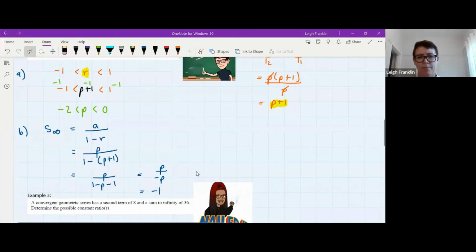Go for it. Ma'am, my teacher told me that in some cases they wouldn't actually give you, for example, when they say to determine for sigma notation. Have you done sigma notation yet?